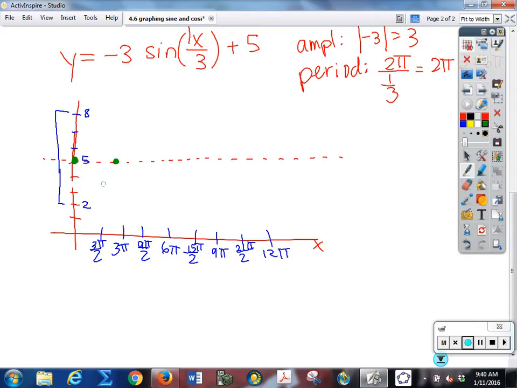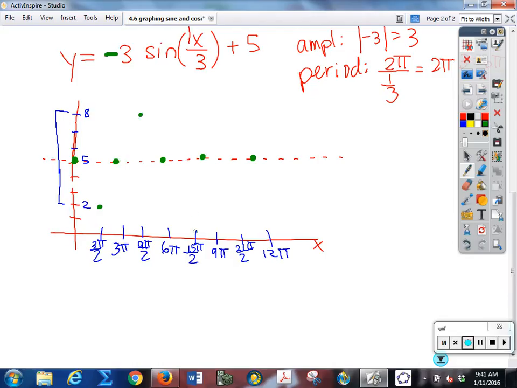Now I've got to decide, do I go up first or do I go down first? Go down first, but it's negative. So on this tick mark, I go down 3. This tick mark, I go up 3. Down 3, up 3, and I'm done. Just need to connect them.